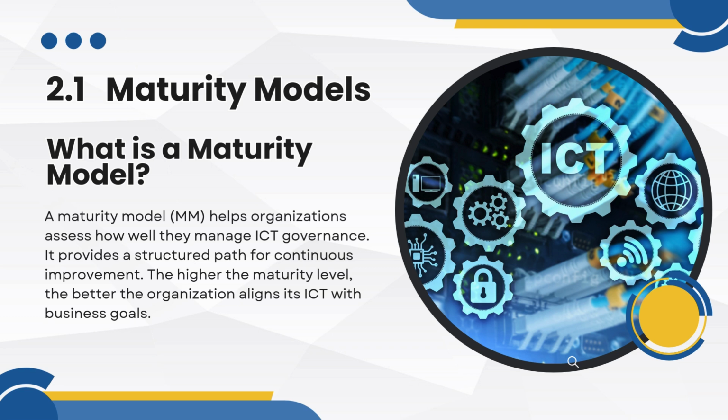Think of it as a grading system. Organizations start at a lower level and work their way up by improving governance structures and policies. Now, let's look at the most widely used maturity model, which is the Capability Maturity Model.